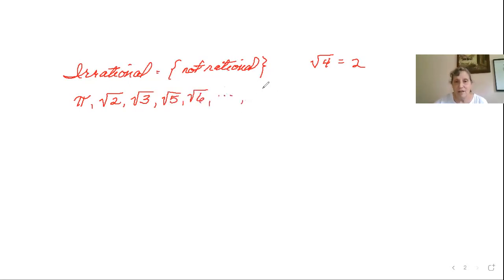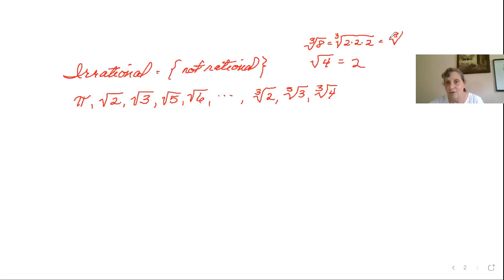And then we've got cube root of 2, and the cube root of 3, and even the cube root of 4. We have to get all the way up to the cube root of 8, which would be 2, because 2 times 2 times 2 is equal to 8.